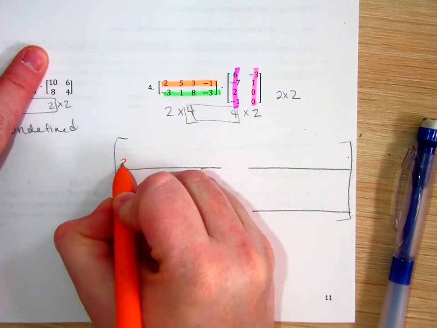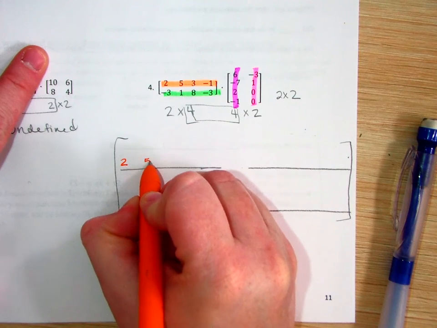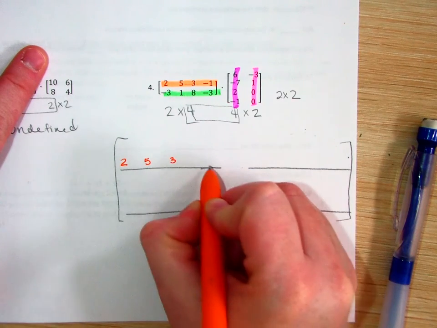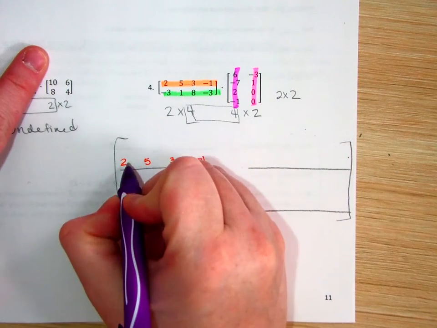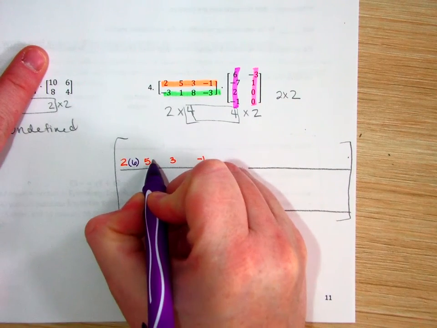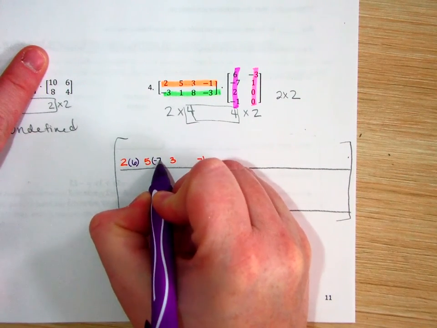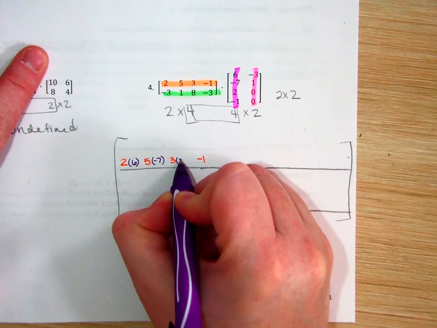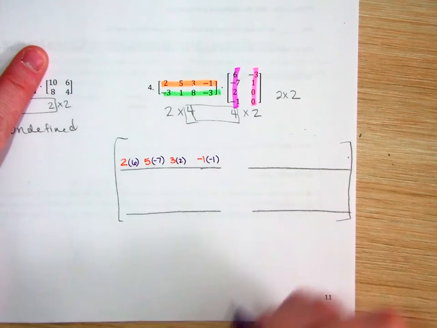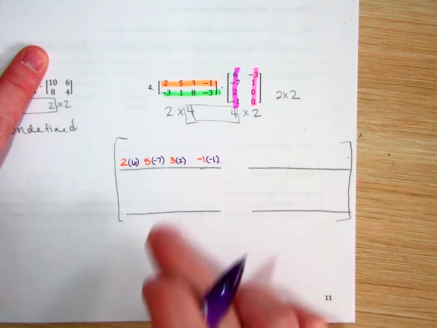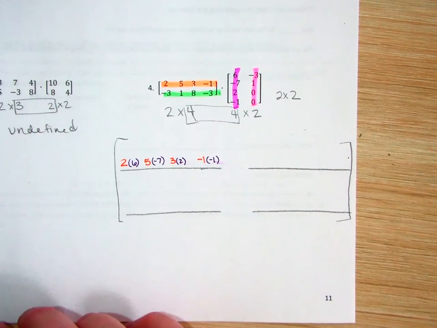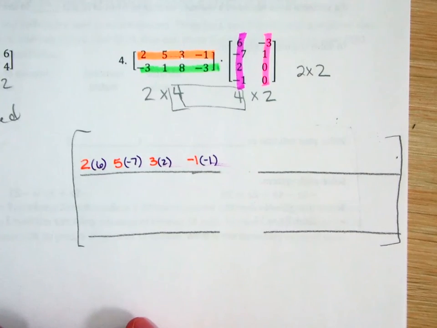So in orange, I have a 2, a 5, a 3, and a negative 1. That's row 1. And I'm going to take it times column 1. So times 6, times negative 7, times 2, times negative 1. Row 1 times column 1. Okay? And then what I'm going to do with those values is add them together.